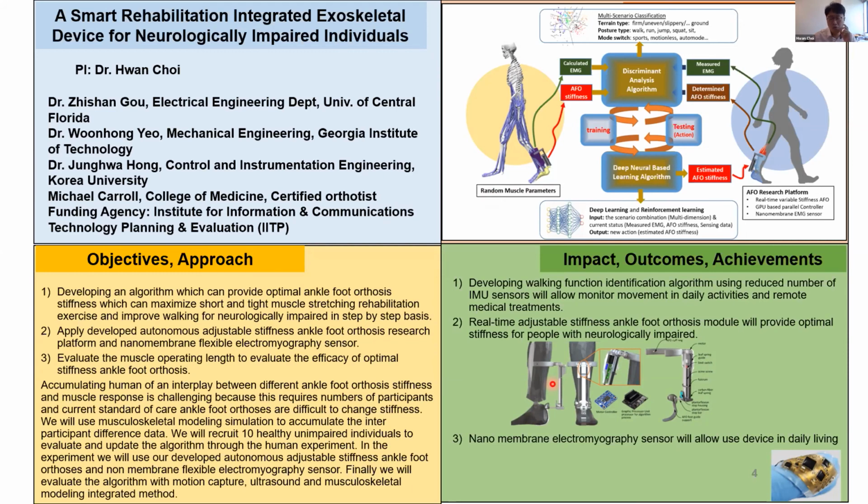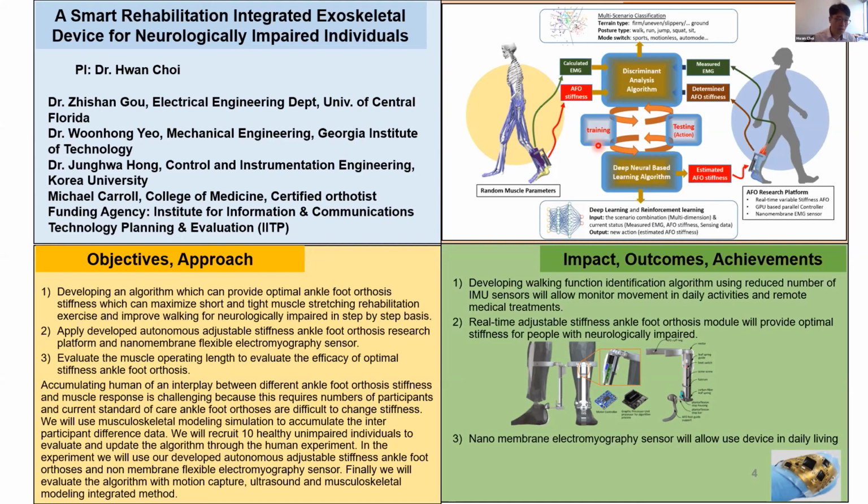And in order to find out what is the subject-specific optimal stiffness, we're using the machine learning algorithm and also the musculoskeletal study, so that we're trying to find what is the optimal stiffness which can improve the walking function, as well as provide rehabilitation exercise on a step-by-step, daily living basis.